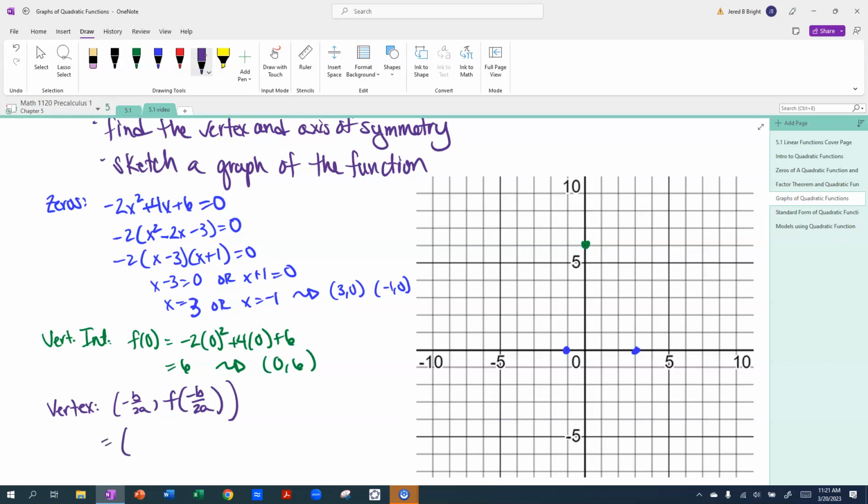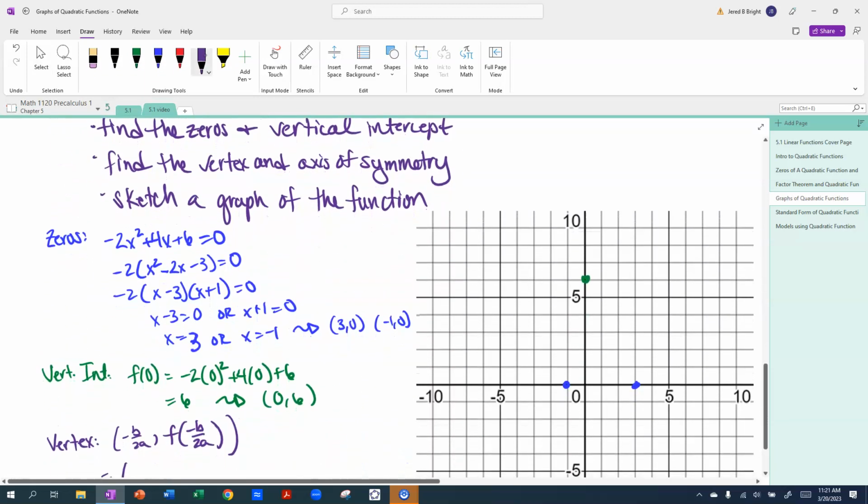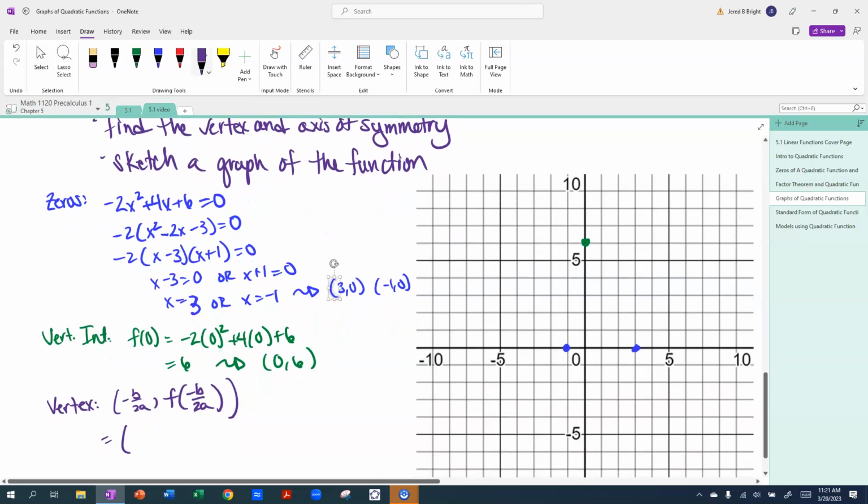I might have to remind myself of what the function is. It's just this thing. So it'll be negative 4 over 2 times negative 2, and then f of negative 4 over 2 times negative 2. And I forgot a negative out in front.